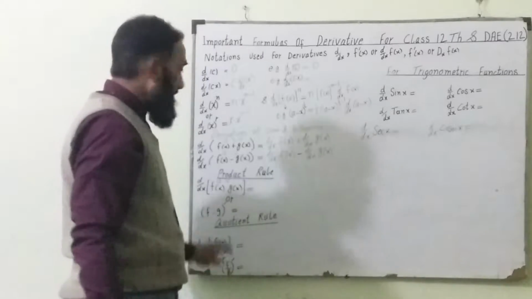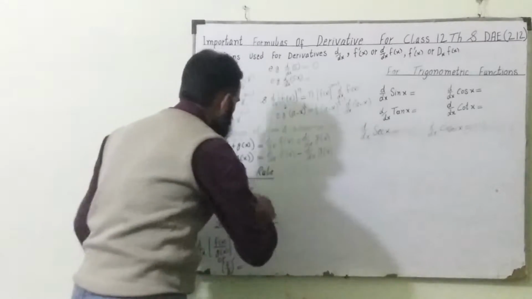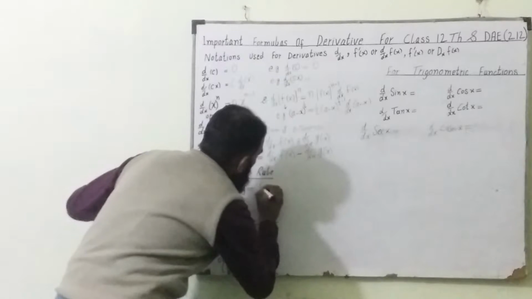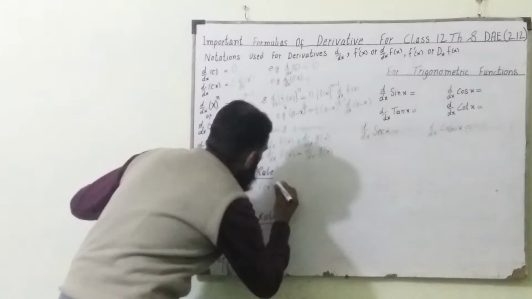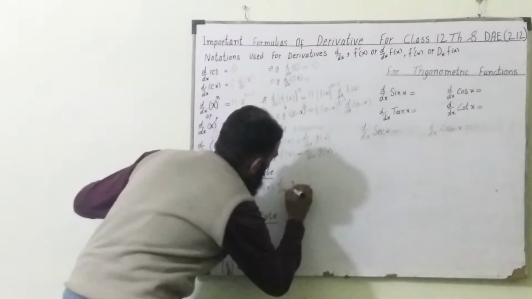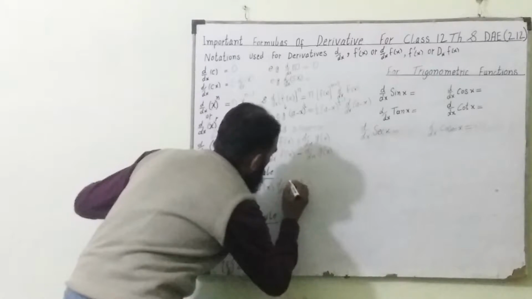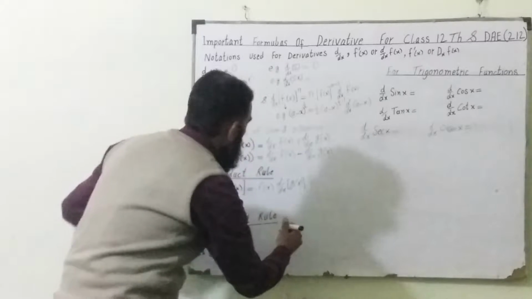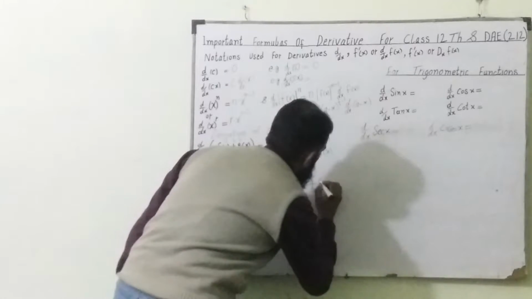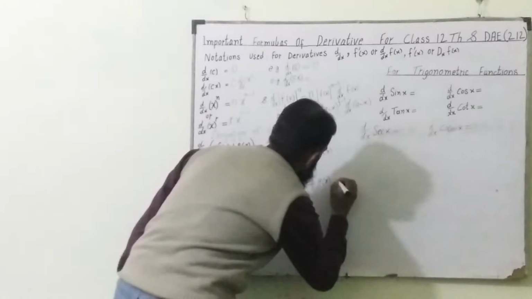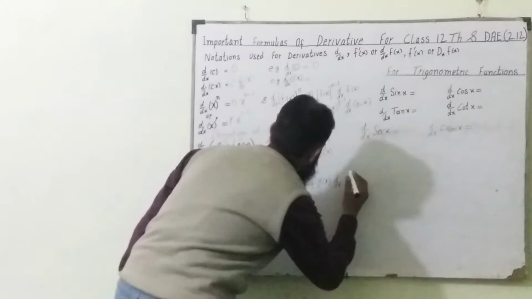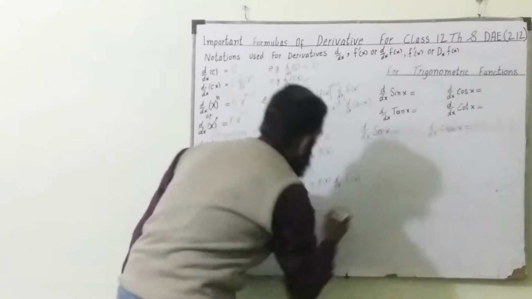In general, teachers are using the term u v. So we can write u f of x, and d by dx of the g of x, plus g of x and the derivative of f of x.